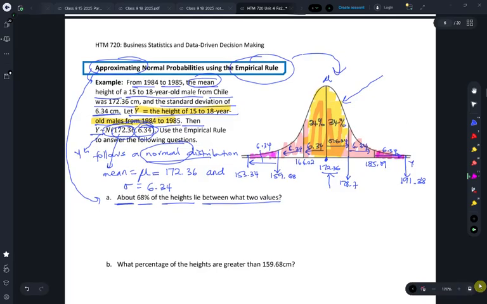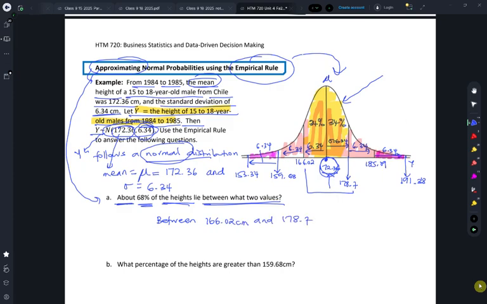Okay. All right. So approximately 68% of the heights lie between what two values? That would be within one standard deviation of the center value, the mean value. And so that would be between 166.02 centimeters and 178.7 centimeters.